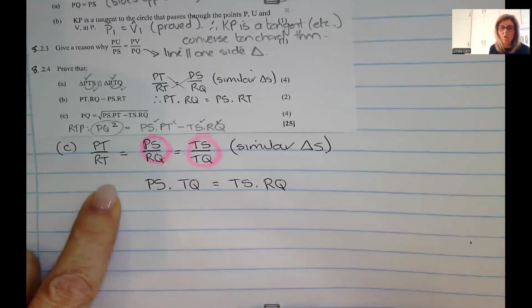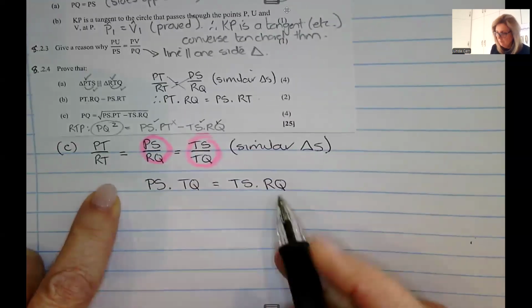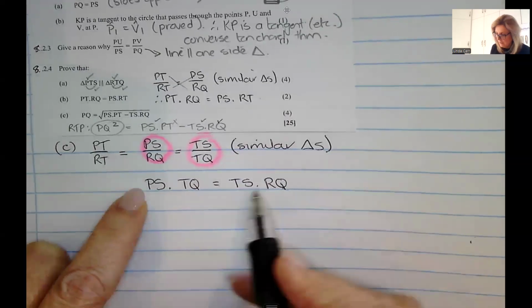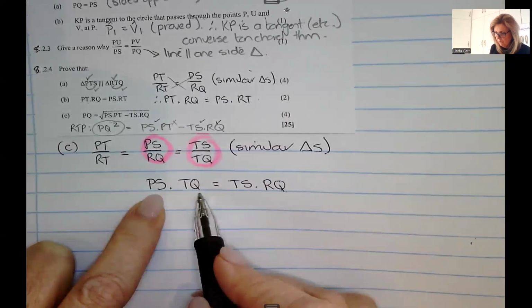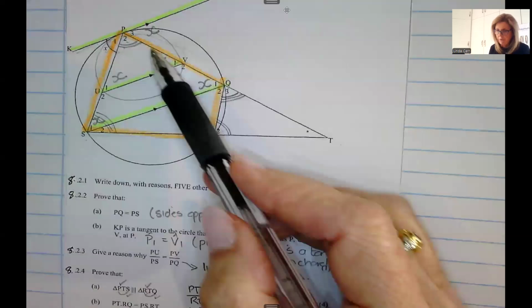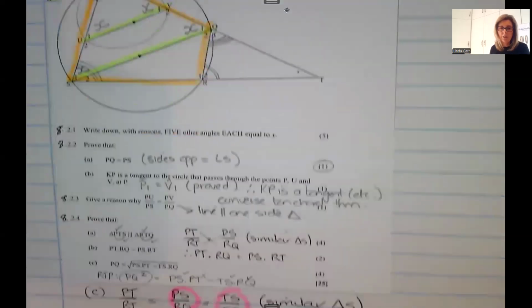Okay, so what are my problems over here? Well, the TS times RQ is just not a problem. The PS and the TQ are a bit of a problem, but PS, sorry, back to my sketch for a minute. PS I proved equal to PQ.